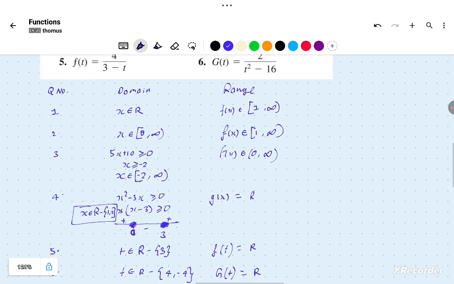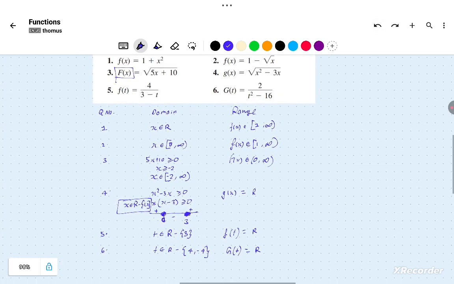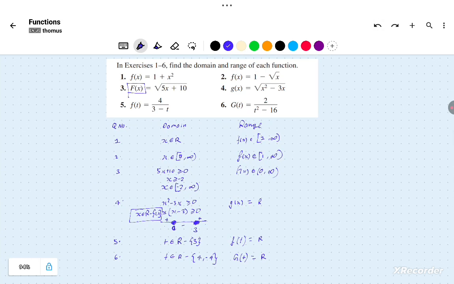If my g(x) belongs to all real numbers, then taking 5, of course, this should not be equal to 0.